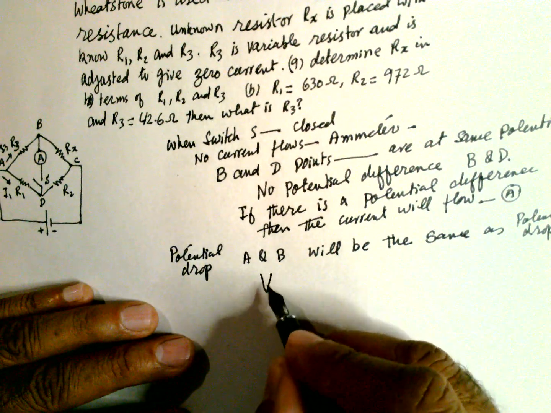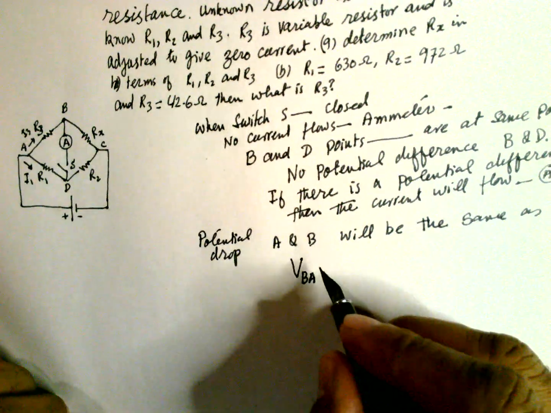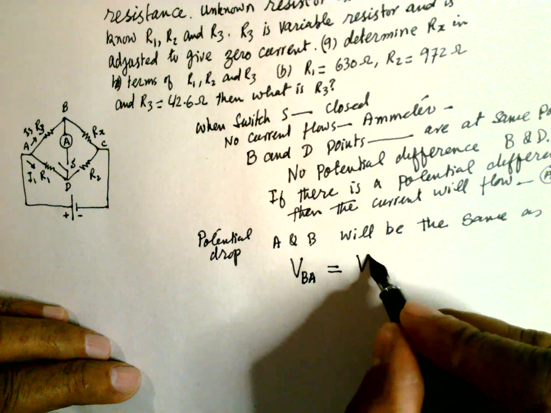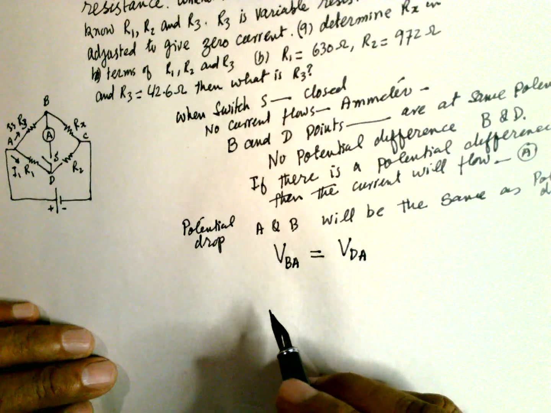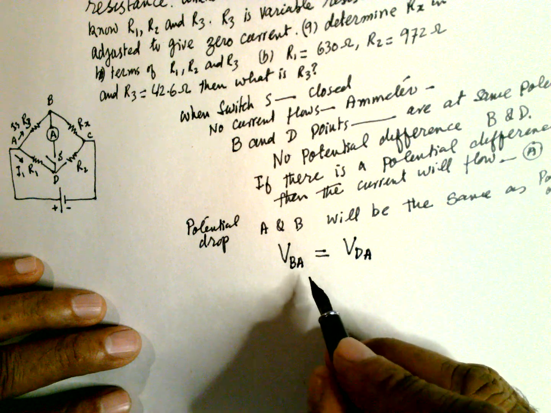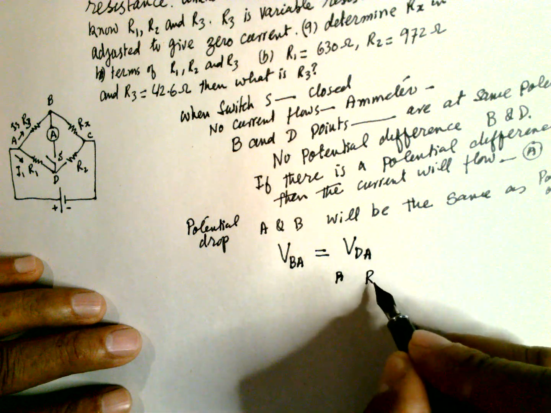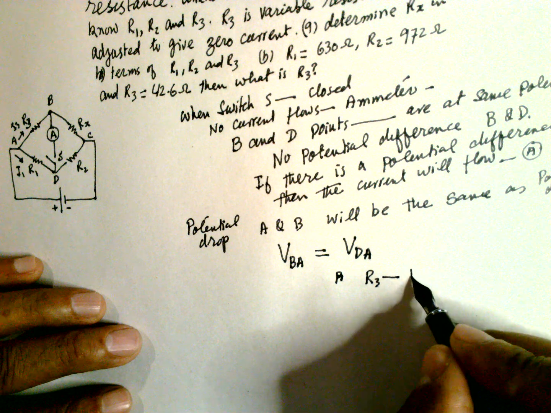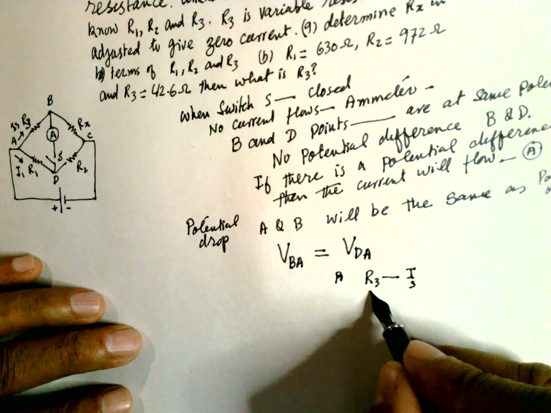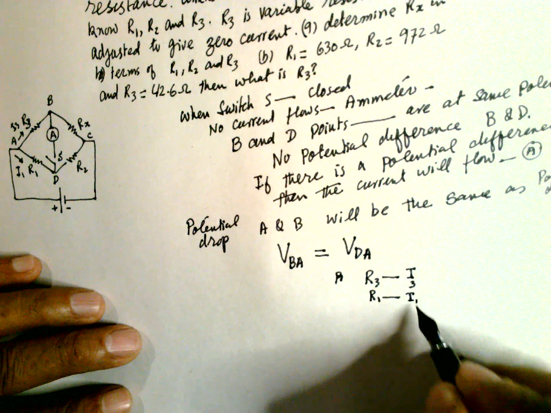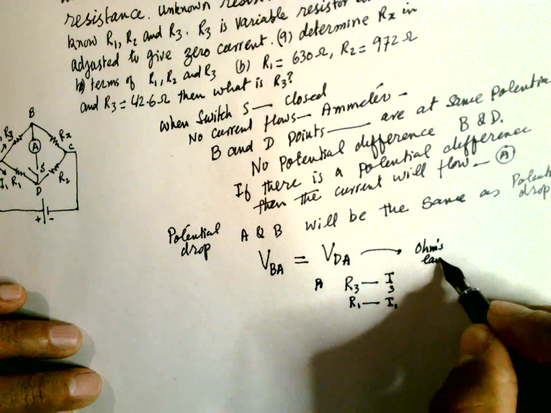So we can write down VBA, the potential between B and A, is equal to the potential between D and A. The current on R3 is I3 and the current on R1 is I1. So using Ohm's law, V is equal to IR.